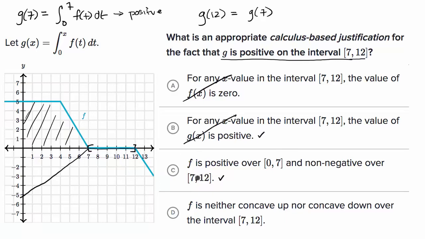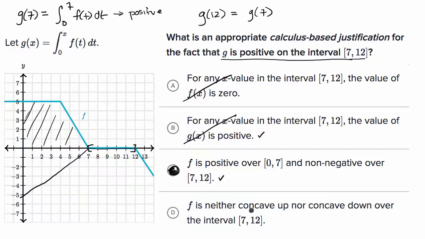This one is good. This is the exact rationale that I was talking about. F is positive from 0 to 7, so it develops all this positive area, and it's non-negative over the interval, and so we're going to stay positive this entire time for g, which is the area under f and above the x-axis from 0 to whatever x we want to pick. So I like this choice here.